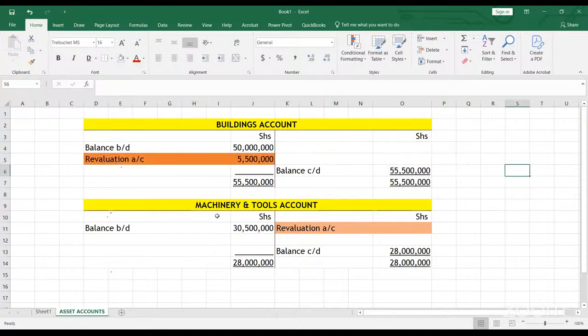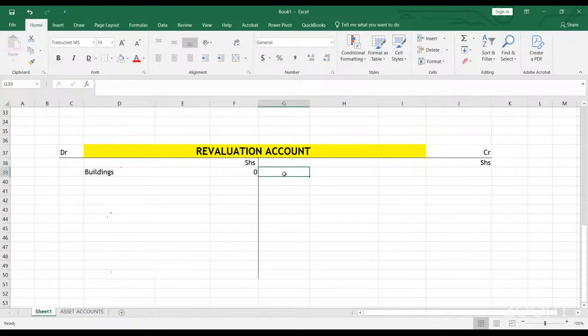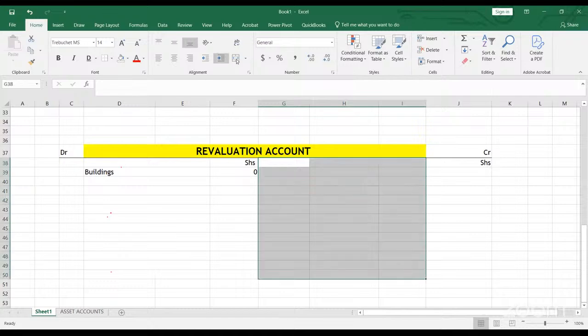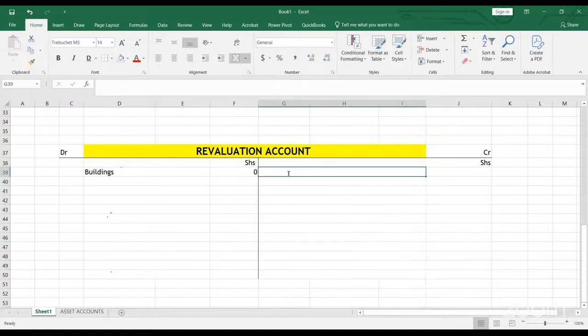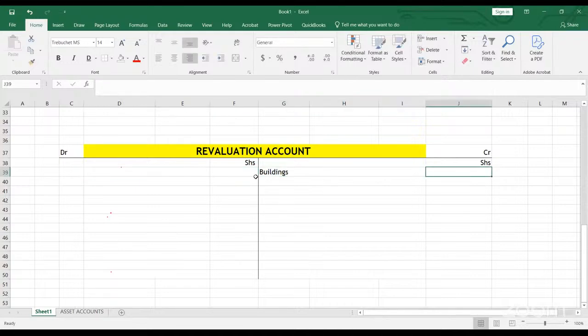It should be to the credit, this side, because it's a gain. The gain will be credited in the revaluation account. So this is supposed to be credited.